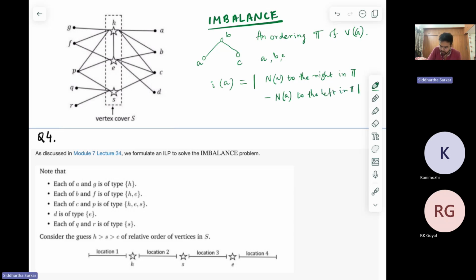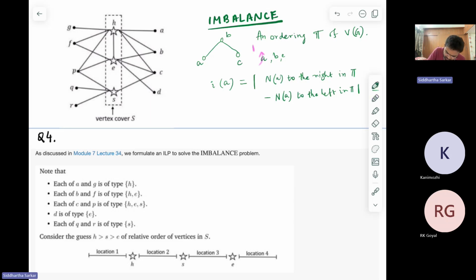Now I will describe what it means. A has only one neighbor, and in the ordering, this one neighbor B is to the right. So this number is 1. And A doesn't have any other neighbors, so there are no neighbors to the left. So this number is 0. So this is 1 minus 0. So the imbalance of A is 1.